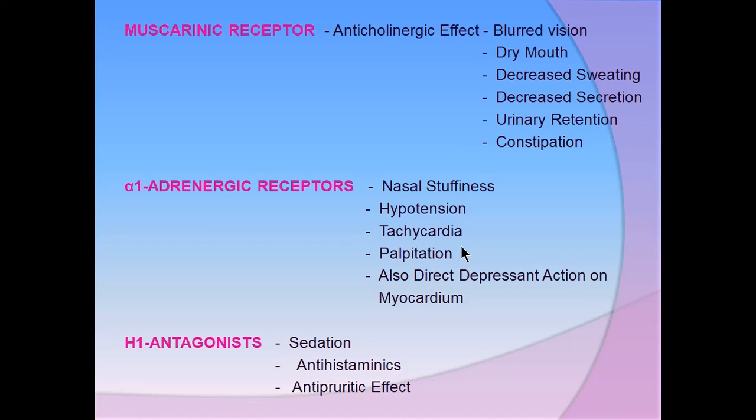By its action on the alpha-1 adrenergic receptors, it produces nasal stuffiness, hypotension, tachycardia, palpitation, also direct depressant action on myocardium. Due to blocking of H1 receptors, it produces sedation, antihistaminic and antipruritic effects.